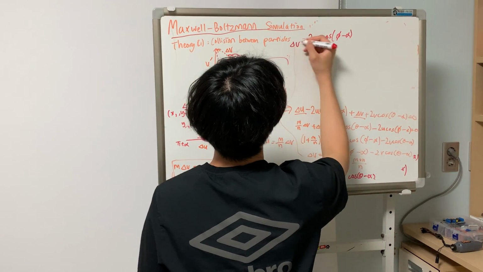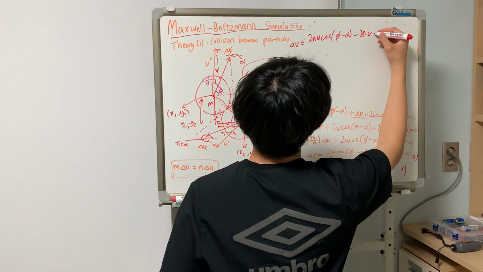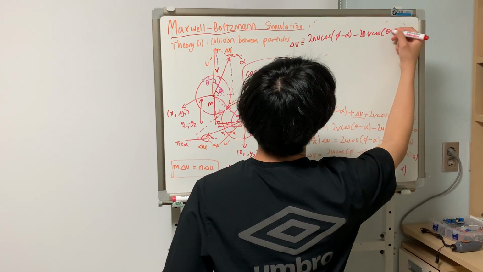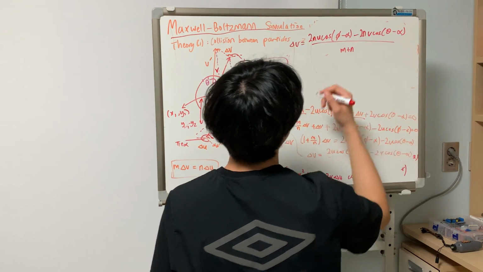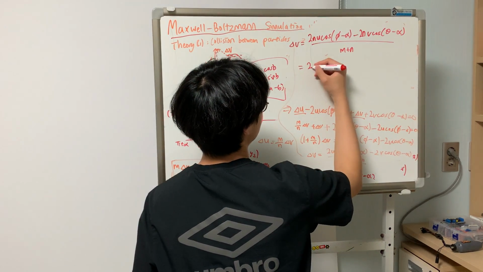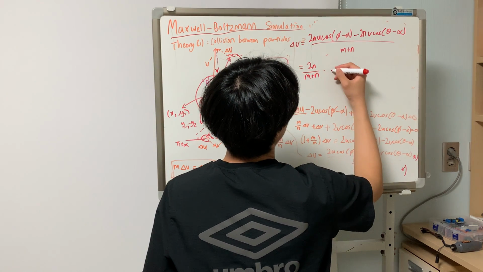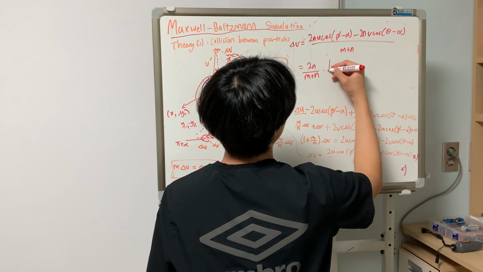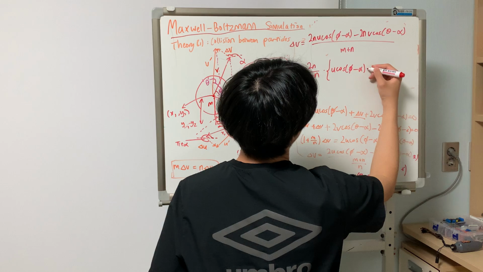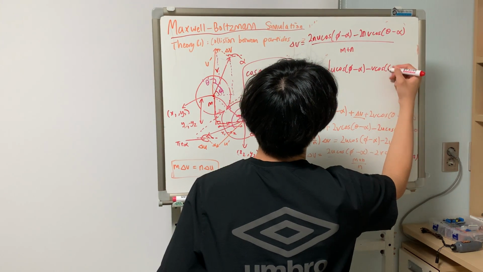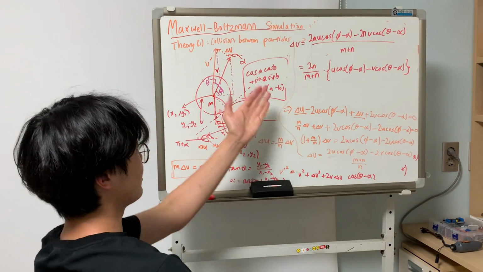So delta v is equal to that minus 2nv cosine of theta minus alpha over m plus n. Or we could say it's equal to 2n over m plus n times u cosine of phi minus alpha minus v cosine of theta minus alpha. So that's our expression for delta v.